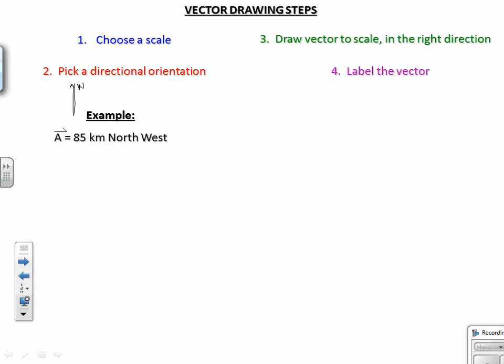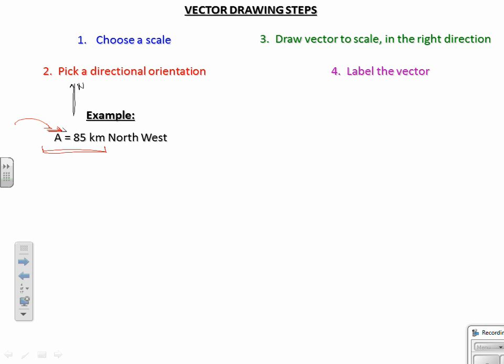So for example, we want to draw vector A. That little symbol means vector. A is a vector. Unfortunately, I'm not going to be able to do this on the smart board here because I can't put a ruler on there. But what I would do first is choose a scale.